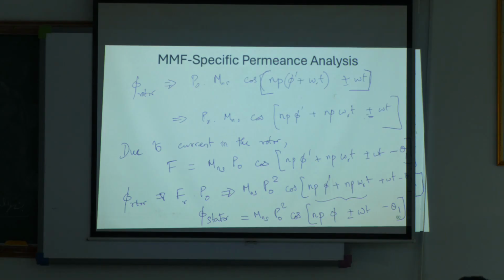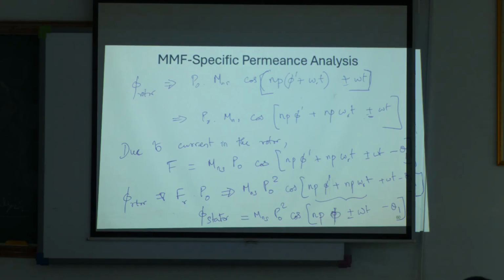Now this flux density is also time changing in nature and can induce currents in the stator windings, provided the condition for this flux to induce currents in the stator winding is met: the pole pair numbers.